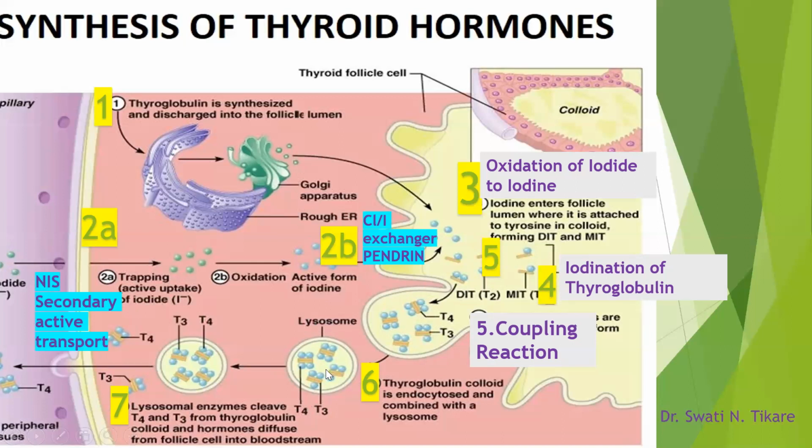Along with it comes the lysosome enzyme. Now the lysosome enzyme next splices the T3, T4 and releases into the follicles. And this T3, T4 being lipophilic, they will just pass through and be released into the capillary. So this is how the synthesis of thyroid hormones happens.